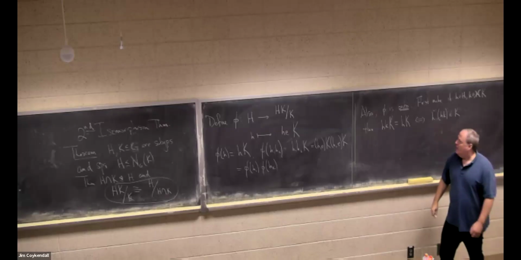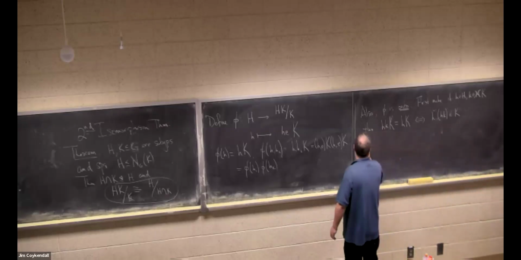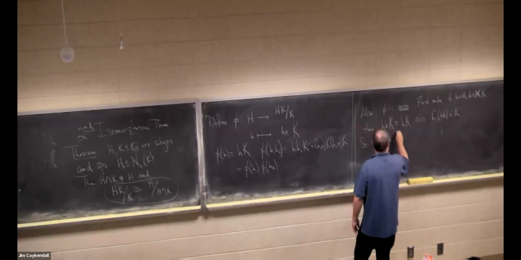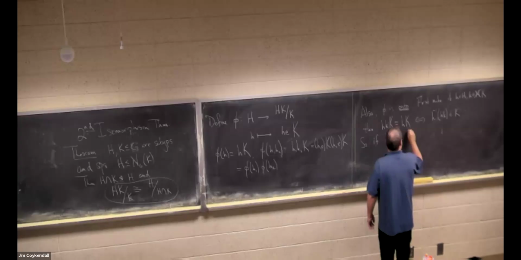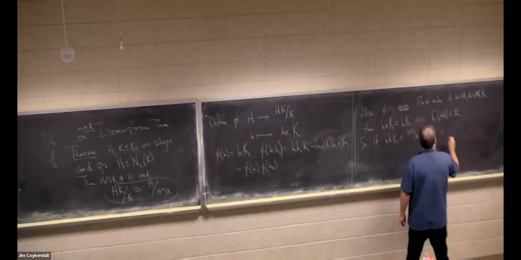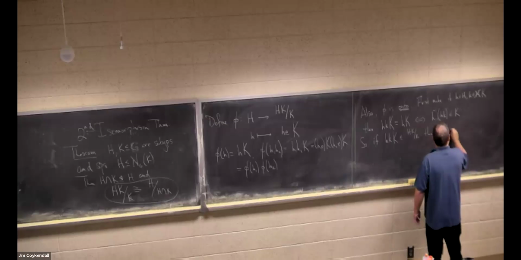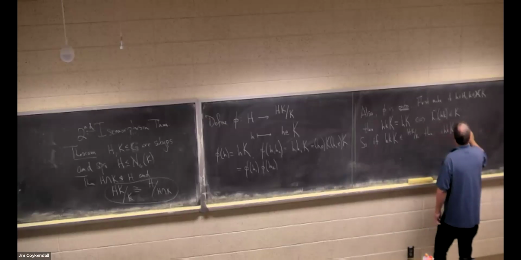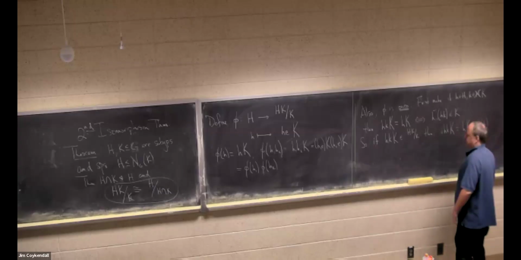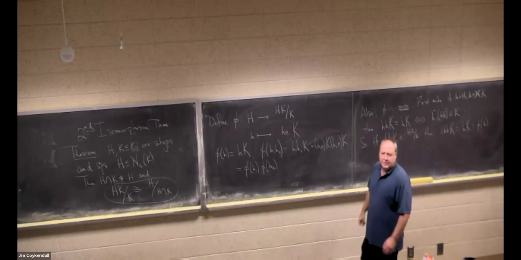So if hk is in HK mod K, then the coset hkK is hK, which is phi of h. So I've got everything right.